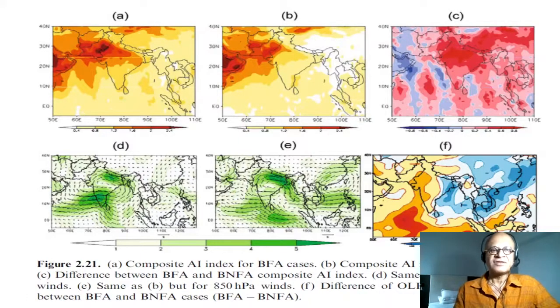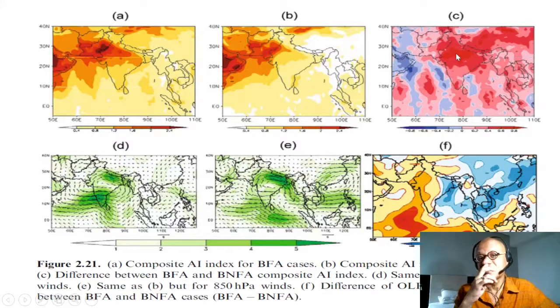Obviously you expect breaks to be followed by active periods, but not always in this case. Nonetheless, if you look at the aerosol index for the breaks followed by active and breaks not followed by active, there are differences, especially here, and you can see the loading here in terms of the differences.